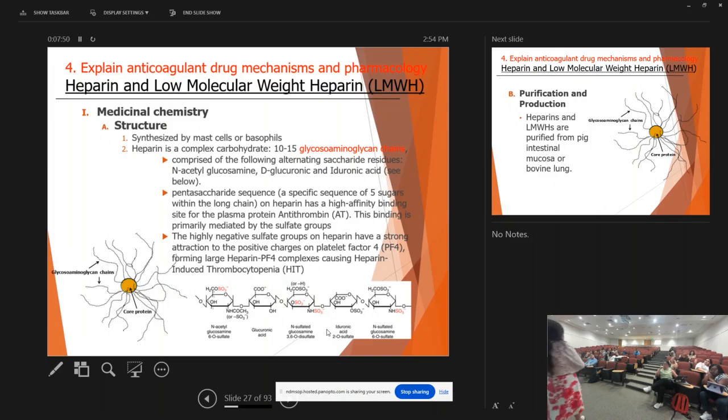Because in your vessels, there may be a reason that the clotting is happening. But as long as it's not a major clot, your body can resolve that issue at the site. And for that, it needs antithrombin. And for that, it also needs your heparin.